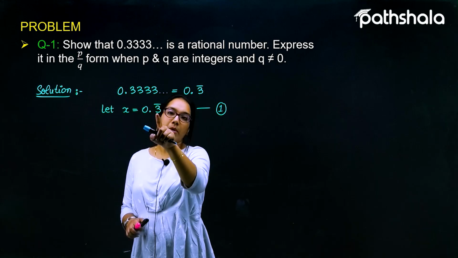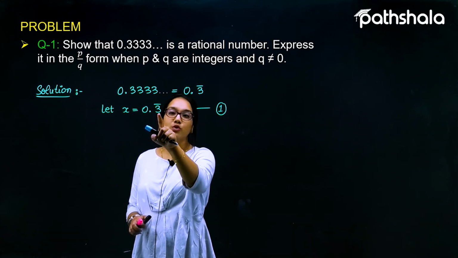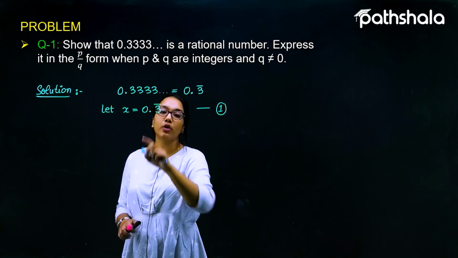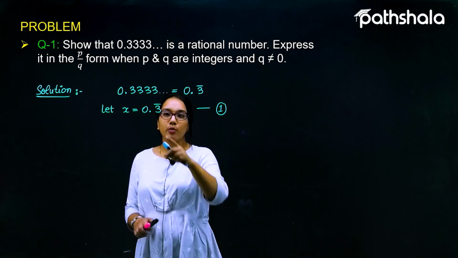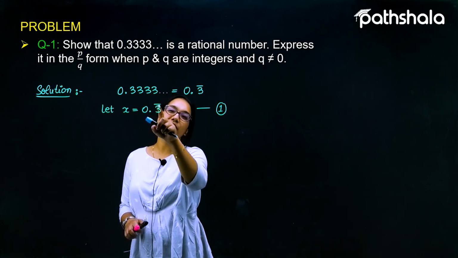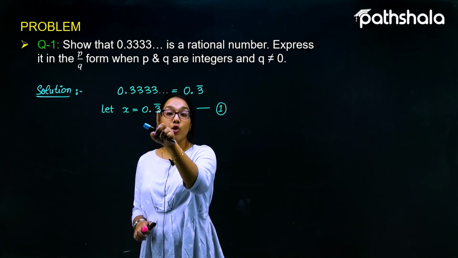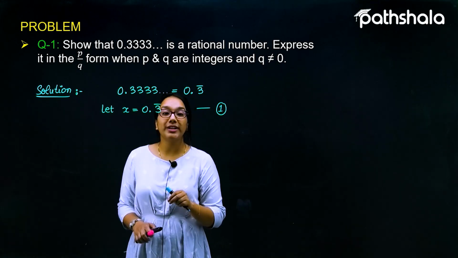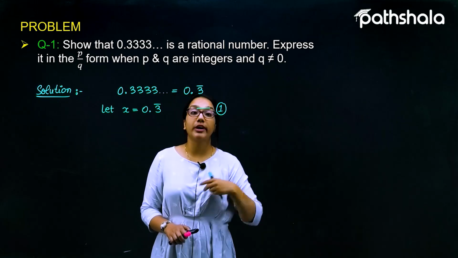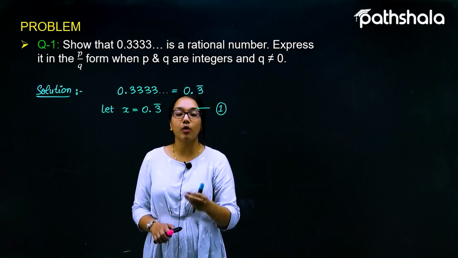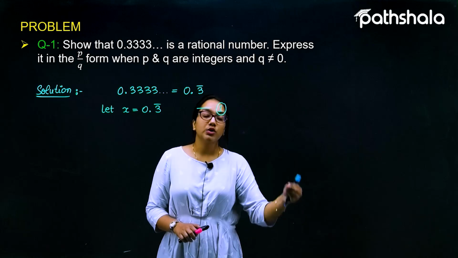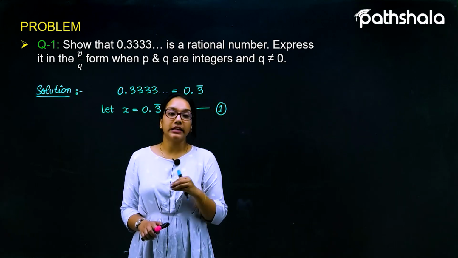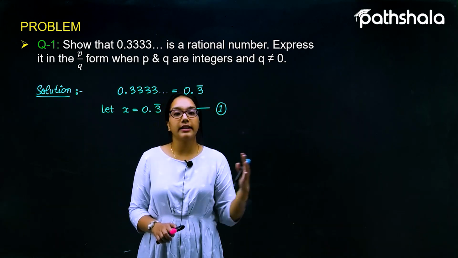There is only one digit, 3, after the decimal point, so multiply by 10. Suppose we have two digits, like 0.37 bar, so the bar is on 37. Then we have to multiply that number with 100. So always count how many decimal places are repeating, and then multiply either with 10, or 100, and so on.